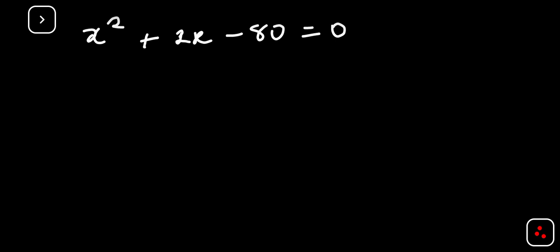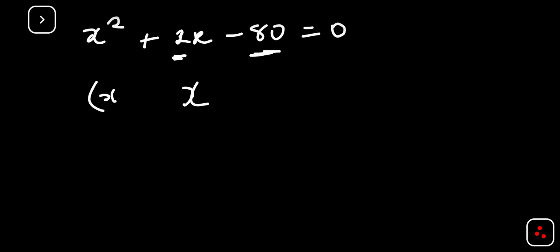You see we have formed a point where we can factorize. We look for two factors that give us minus 80, and when you add them together, give you plus 2.